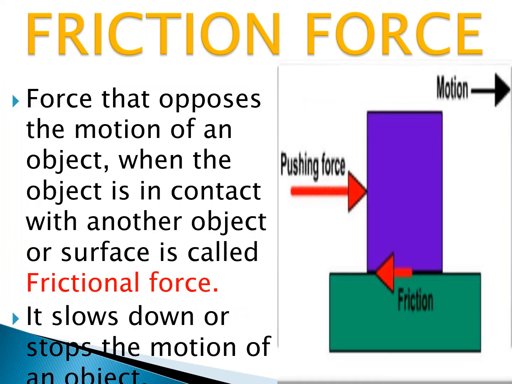Now come to the next topic, that is friction force. As you can see in the image, the force that opposes the motion of an object when the object is in contact with another object or surface is called frictional force. It also slows down or stops the motion of an object. So it is called a friction force.